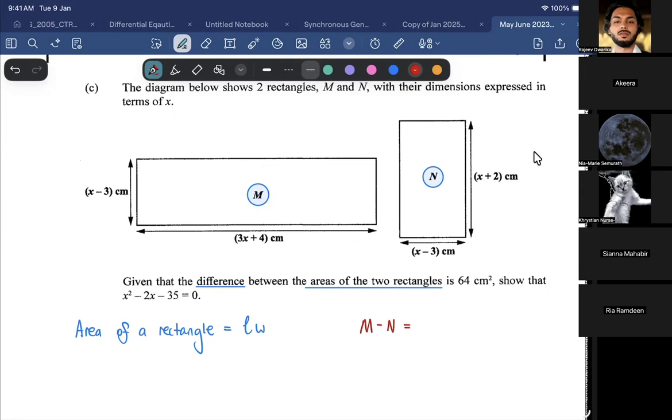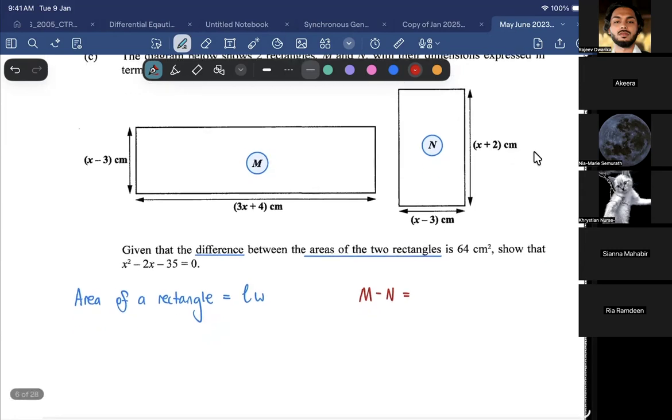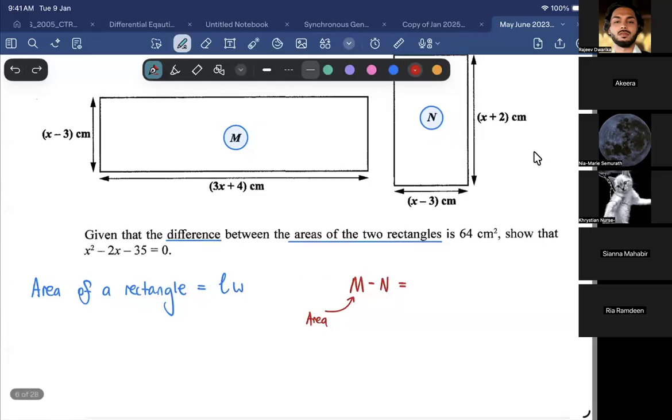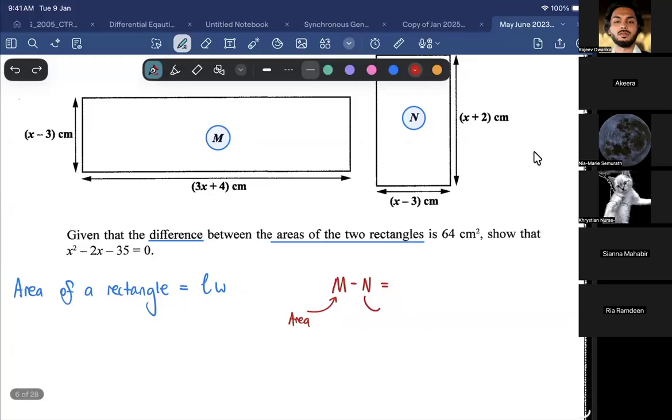All right, so nobody tell them the answer. I think you'll need to figure out these things for yourself because all of this is part of critical thinking. So we have the area of M here and the area of N here. So Christian, when I take away, I find what between the two?